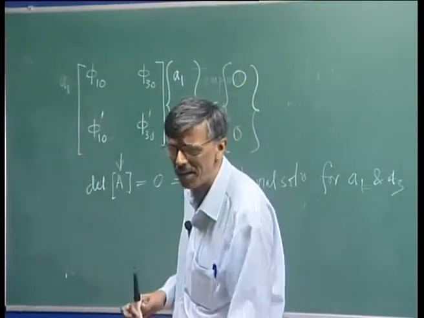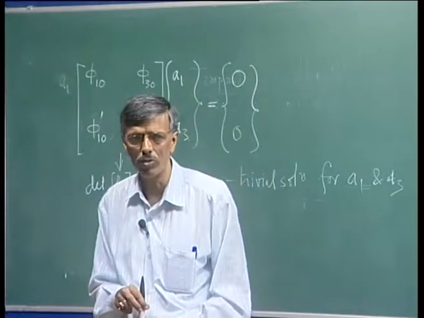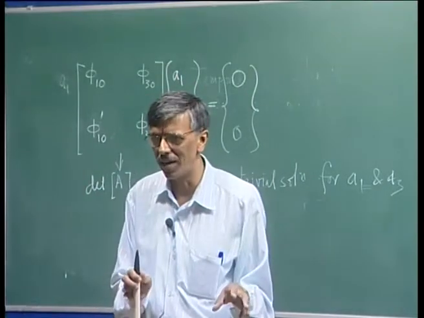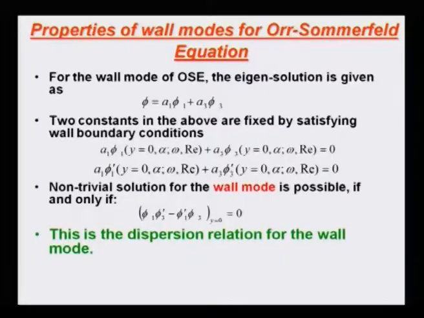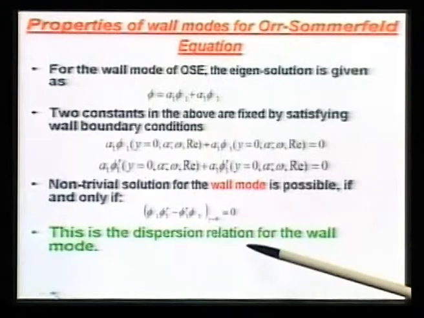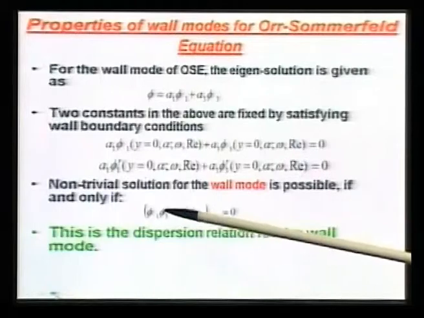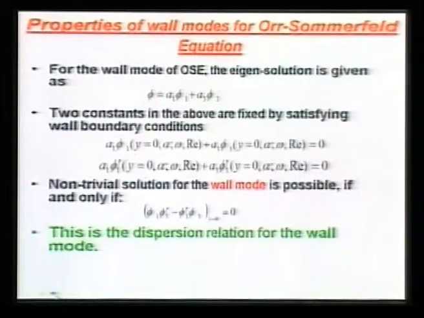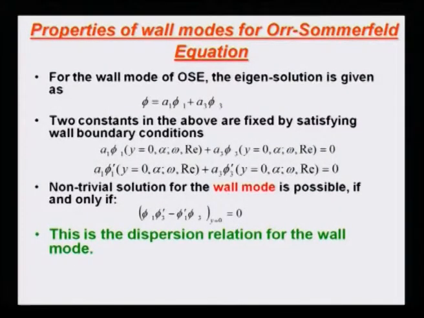So, if I fix Re, we are talking about a combination of omega and alpha that will help us satisfy this. So, there would be a combination of omega and alpha, and what is that we called? That is our dispersion relation. So, now you understand that for the Orr-Sommerfeld equation, the dispersion relation for the wall mode comes about by the satisfaction of this equation. This is what you need to do.